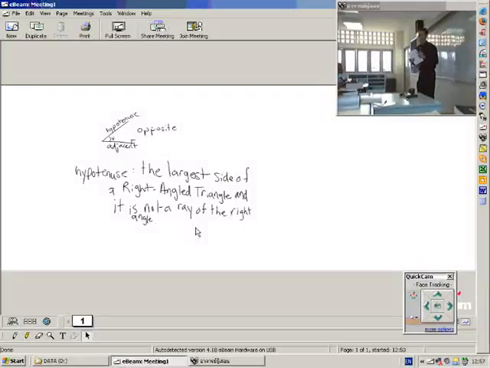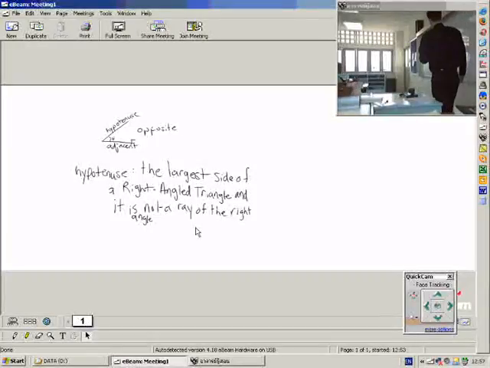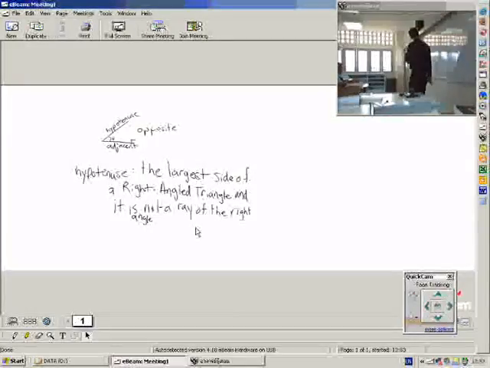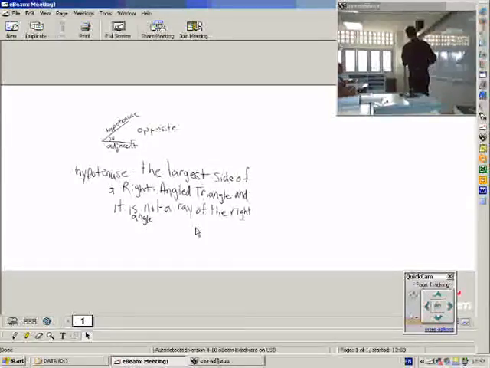So the hypotenuse is the longest side of a right angle triangle, and it is not a ray of the right angle.